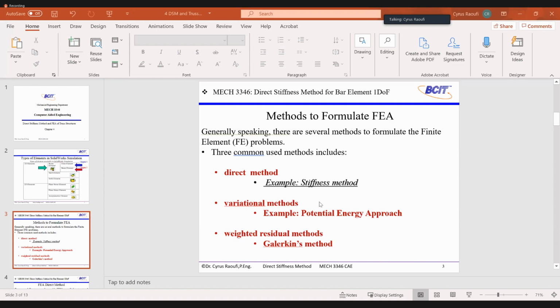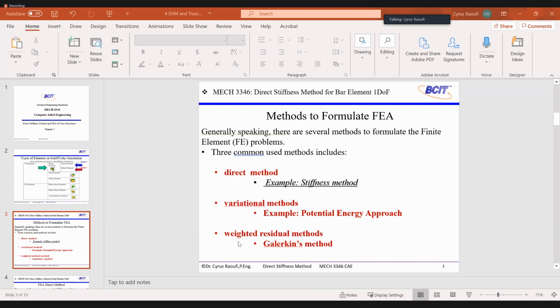That's another approach. Again, don't forget, we are not talking about two completely different problems. Our problem is FEA. The method that we are going to use to solve FEA problem is different. And this is just three. It's not limited to three, but those are the most commonly used three approaches in FEA.